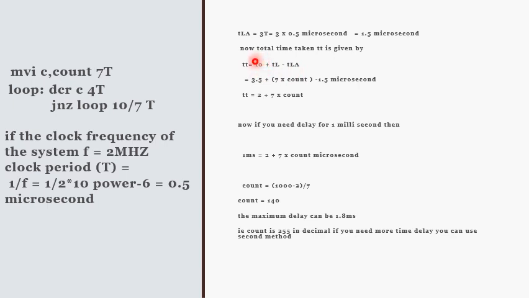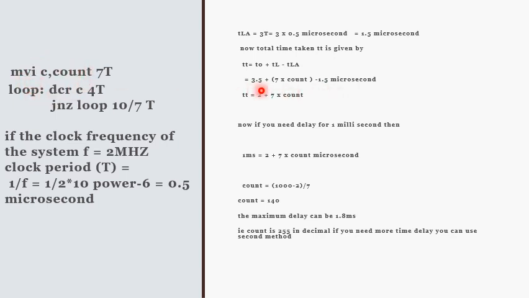T0 is nothing but the time taken by the move immediate C instruction. TL is the time taken when it is executing inside the loop, and TLA is the time taken by this jump on no zero instruction when it is coming out of the loop, right?